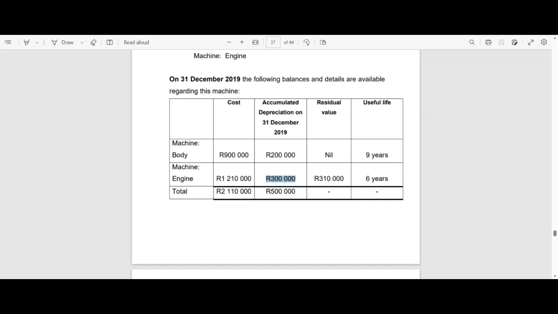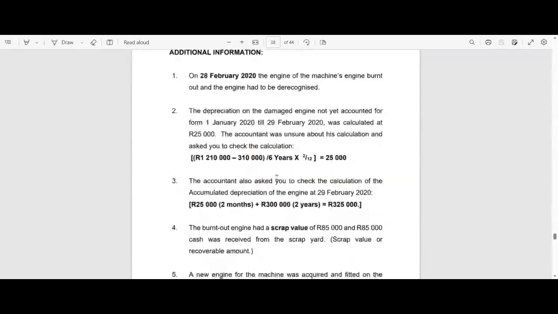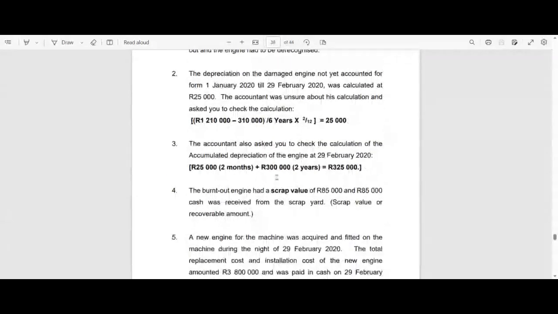So it had an opening balance at the beginning of the year of 300,000 rands. Then we brought our depreciation up to date, which means we credited that accumulated depreciation account with a further 25,000 rands, right? So we've got to add the 25,000. So that means we're now sitting with 325,000 as is indicated there.